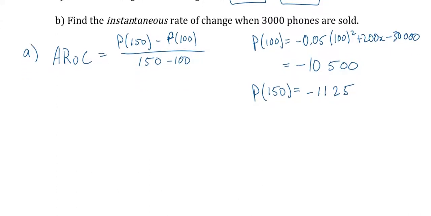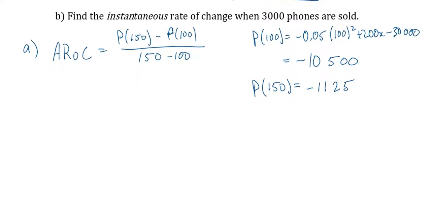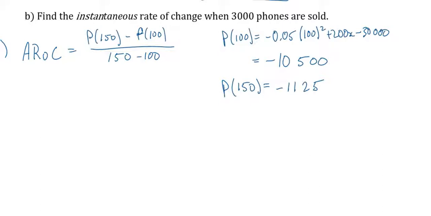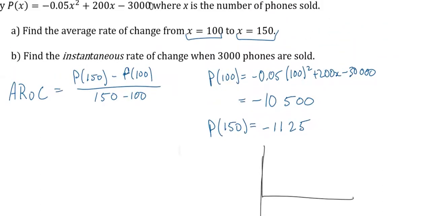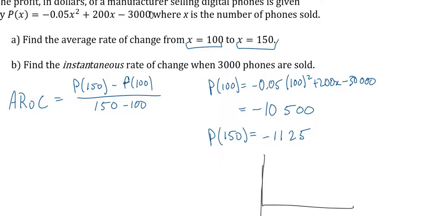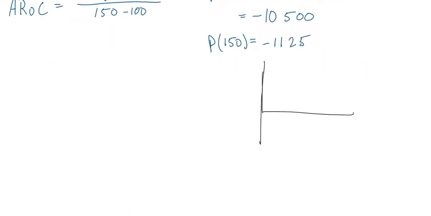I'm going to do a little sketch of this so that we can continue to make some sense of it. When you look at the function, it's quadratic. It's opening downwards, and this is the vertical intercept, the P-intercept or the y-intercept. Negative 30,000. So it starts down here somewhere, and it's going to go up and come back down.